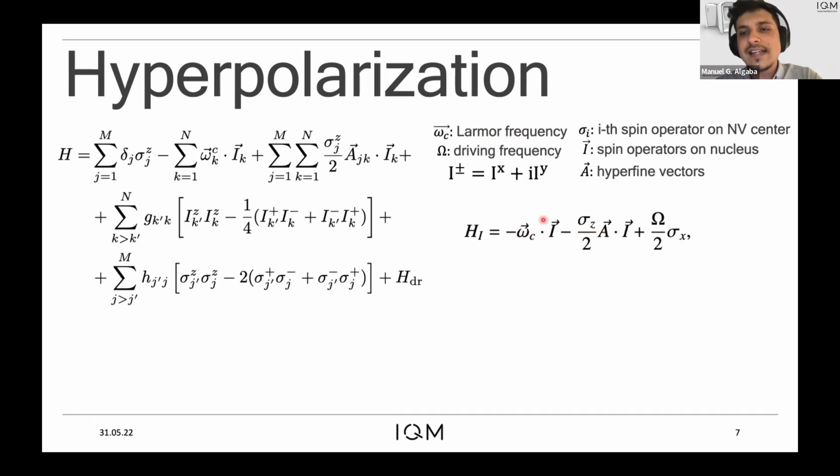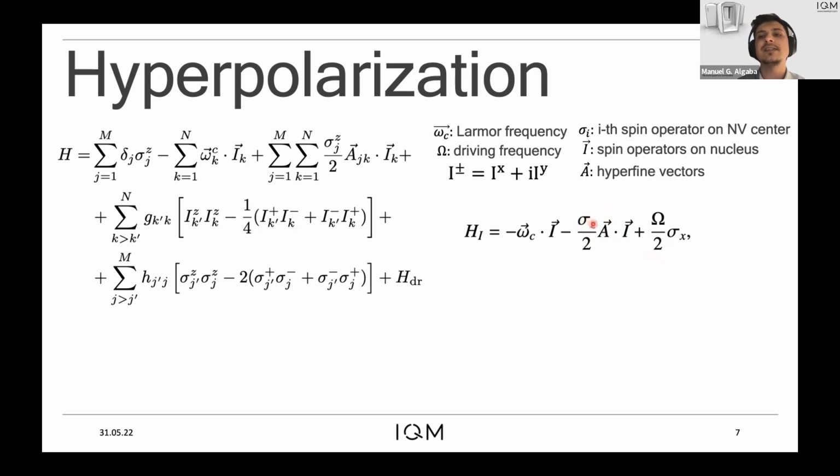And also you have here these I's that would be the spin operators acting only on the nucleus. So this would be something like the Pauli operators sigma x, sigma y, and sigma z, but acting on the nucleus. And we also have the spin operators acting on the NV centers, which we have labeled as sigmas themselves.